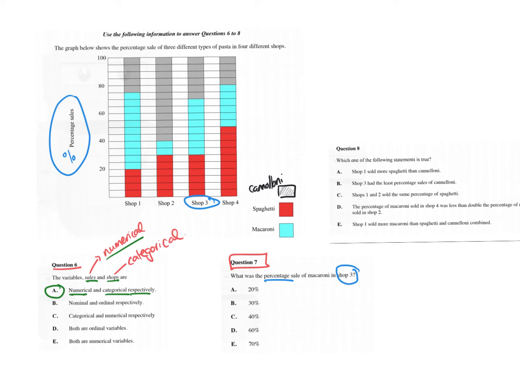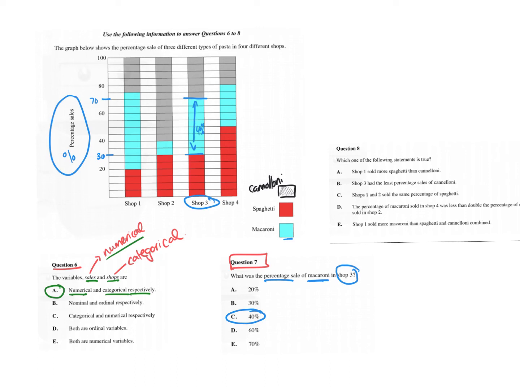They're actually measuring in percentage. If you want macaroni, we're looking for that blue colour. If you go across here, it's this section that we want. You can see that it starts at 30 and it finishes at 70. So there's actually 40% in between those two in the categories. So the answer is 40%.